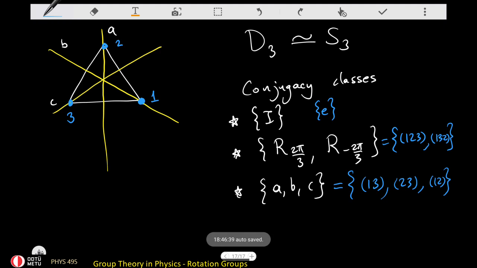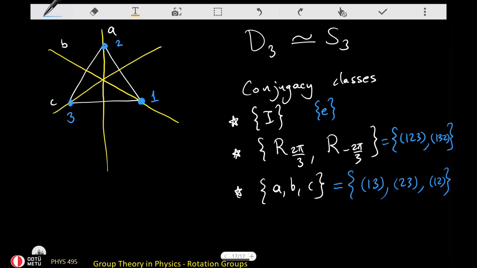We have to keep this in mind because these are the groups that we actually meet a lot. As a result, we use this information about the conjugacy classes to say something about the irreducible representations. That's going to be the end of the finite subgroups topic.